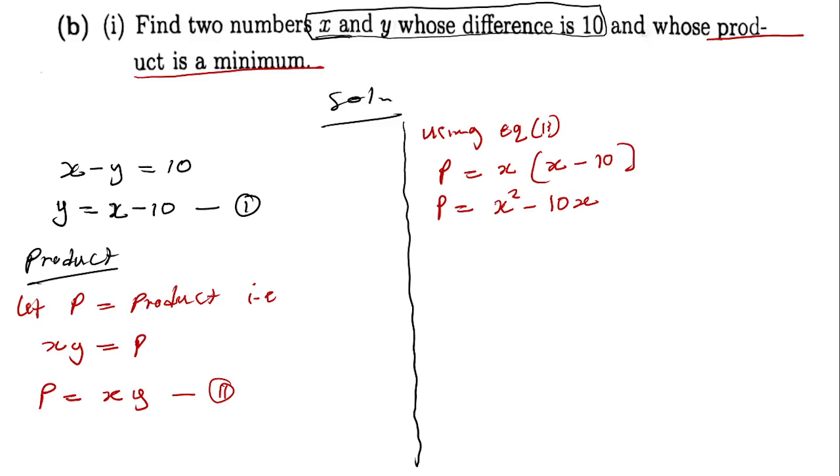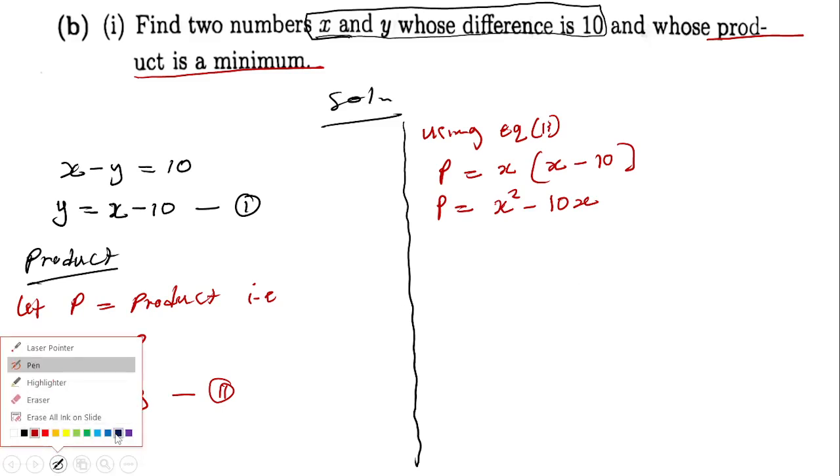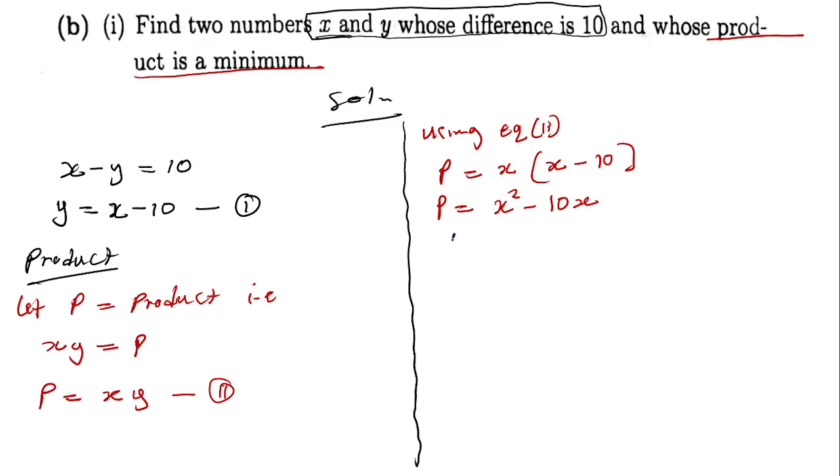So calculus will come in here. I'm going to say dP/dx is simply equal to 2x minus 10.